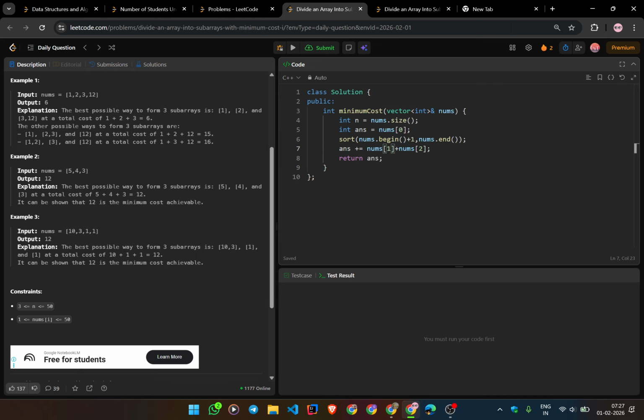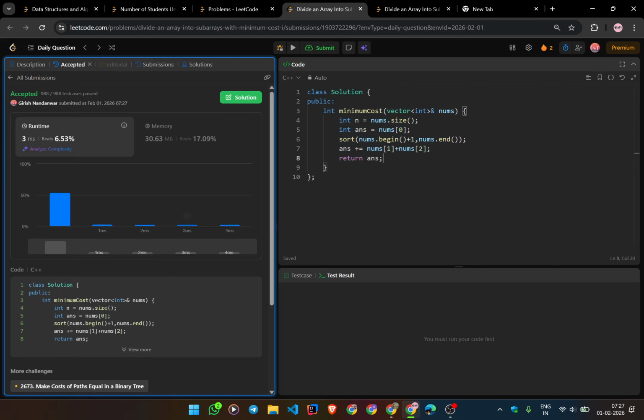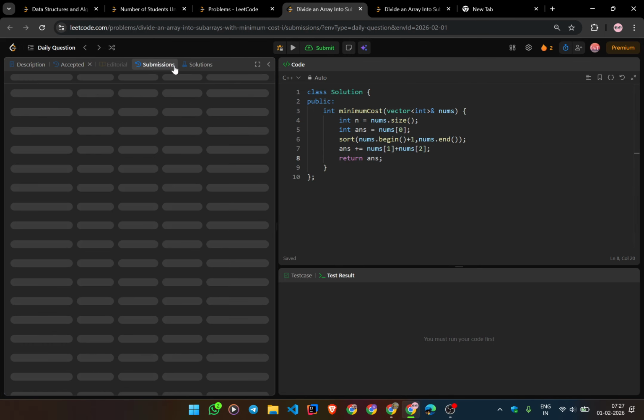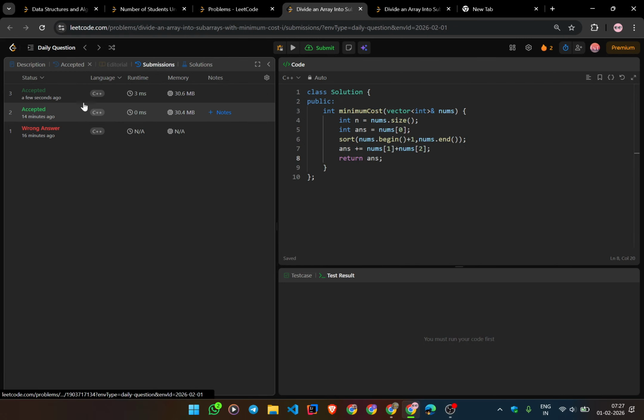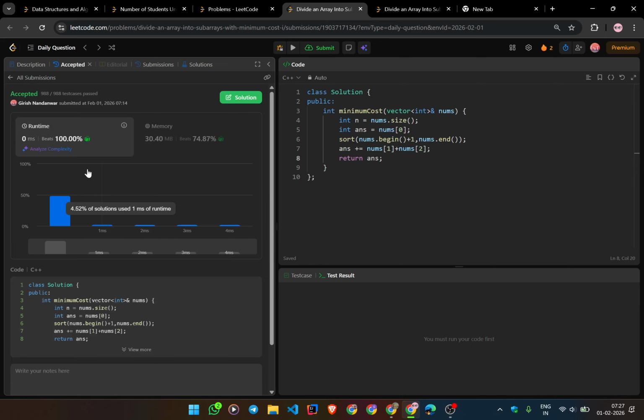You can do it like that also, but I have optimized the space, so this is the optimized solution for you. And if we submit it, it will give us the 100% optimized result.